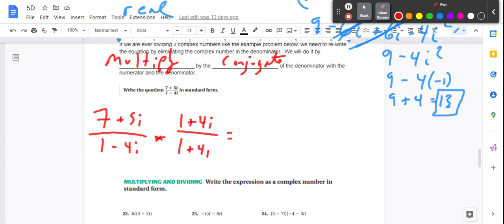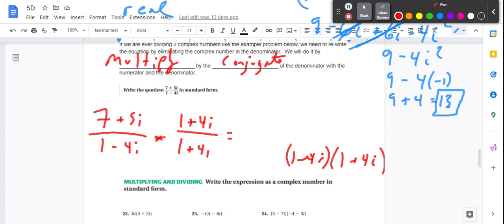So we're going to multiply times 1 plus 4i over 1 plus 4i, which of course is just 1.